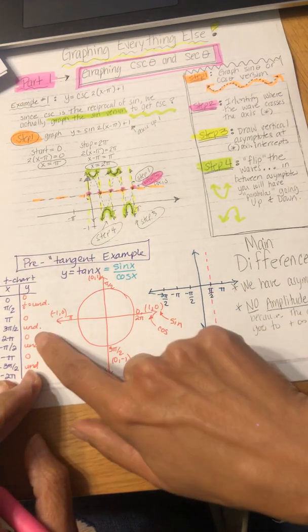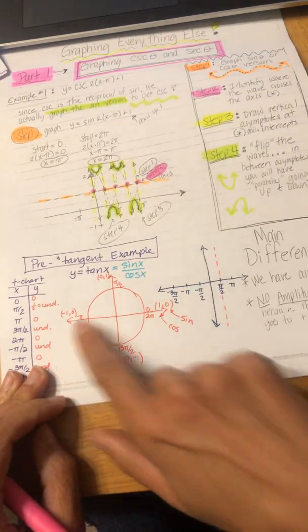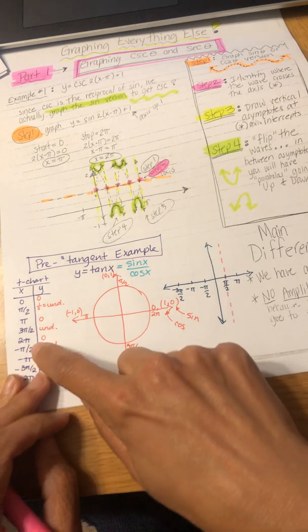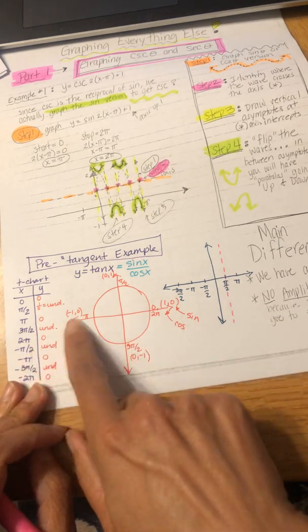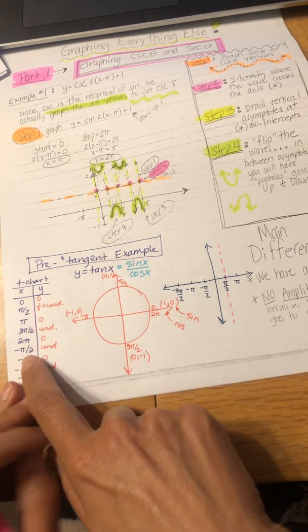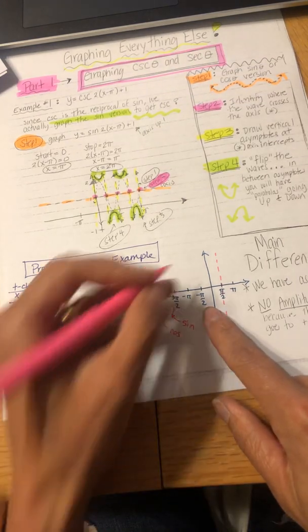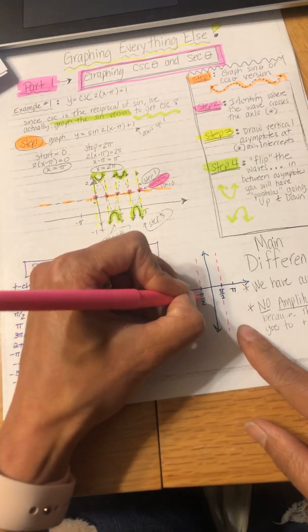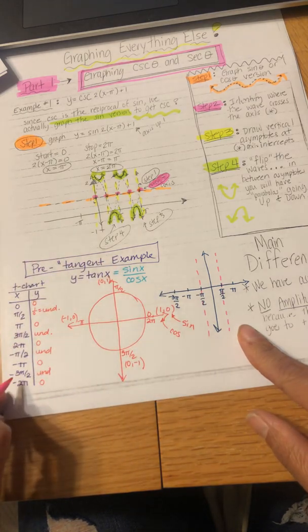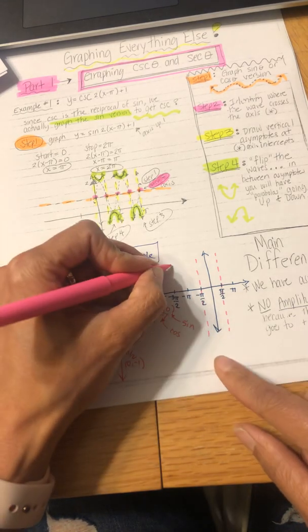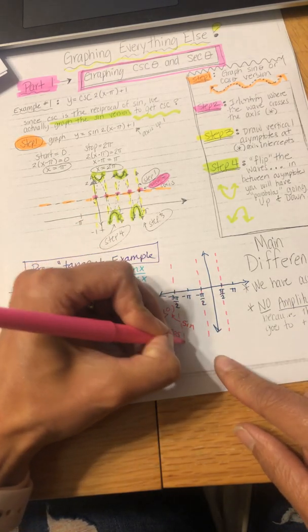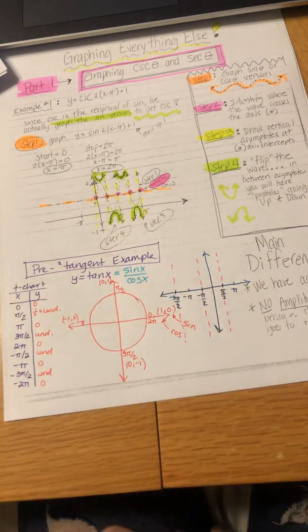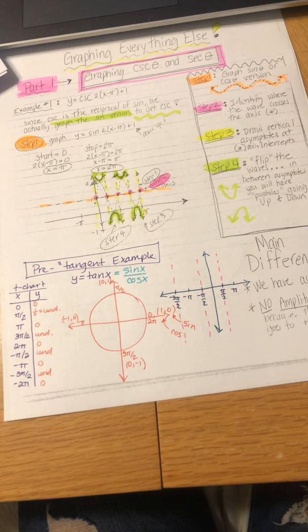I also had one at positive 3 pi over 2, but I didn't have enough room for that, so that's okay. I'm going to skip it, and I don't have 2 pi either, but that one is not undefined. Negative pi over 2 is undefined. Negative 3 pi over 2 is undefined. So I'm basically going to have 2 cycles in this graph. That's all I could fit in here.